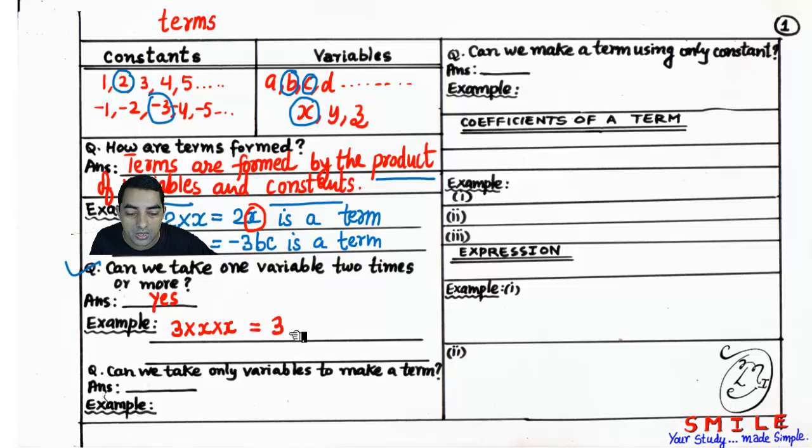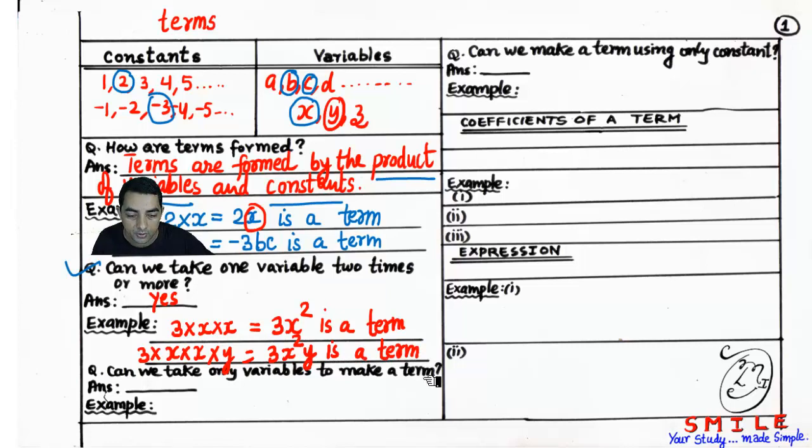So it will be 3x square, right? x multiplied 2 times, x into x is x square. So this is a term. I'll give you one more example. I'll take x 2 times, x into x, and one more variable, say y. So the answer will be 3x square y. This is a term.